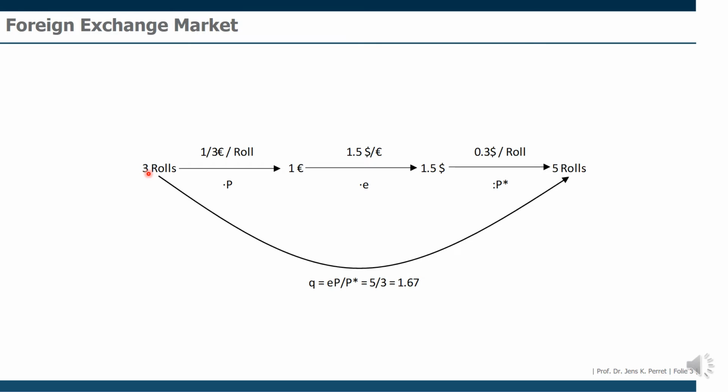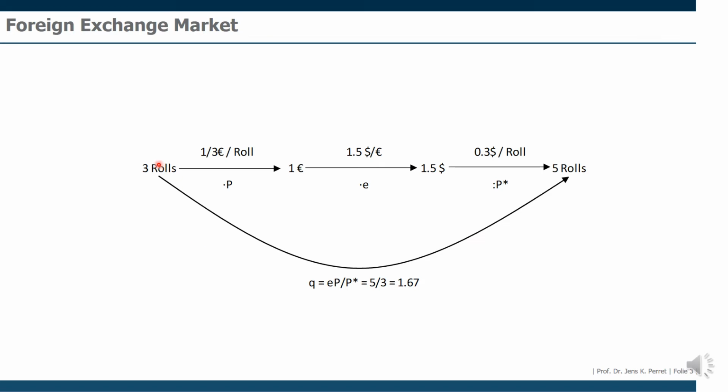Meaning the German rolls are worth more than the US rolls. Well, now, as I said, it's not about rolls. It's about the representative basket of goods. So we would say the German representative basket of goods, if we have the same numbers, is worth 1.67 times what the US representative basket of goods is worth.